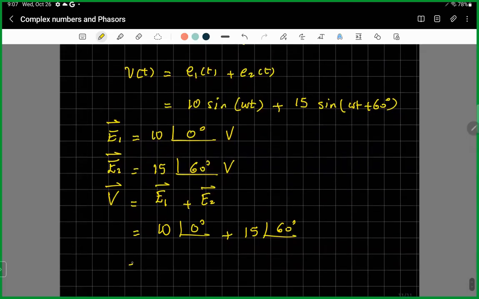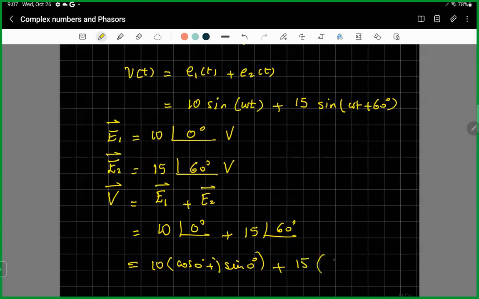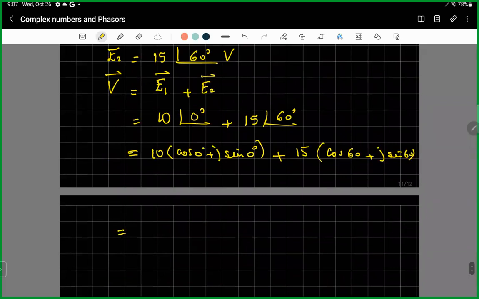So you will have 10 cosine 0 plus j sine 0. That's the angle, right? Plus the second one, 15 angle 60, so you'll have 15 cosine 60 plus j sine 60. On your calculator, 10 times cosine 0 will be 10 plus j0. That's the first one.